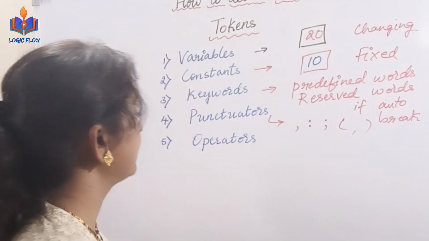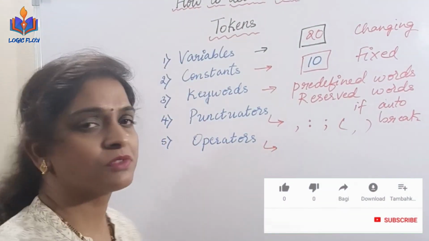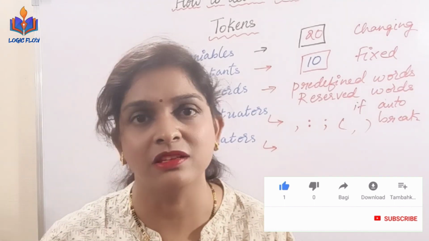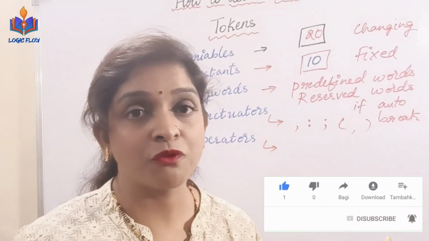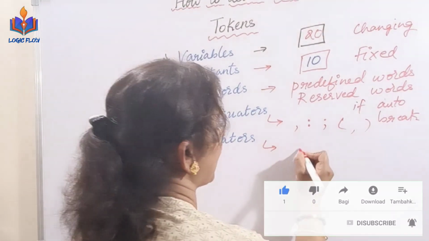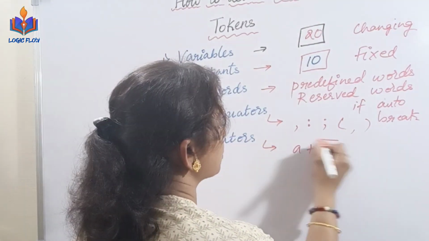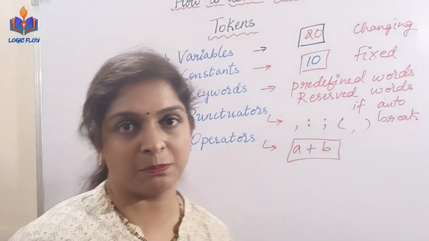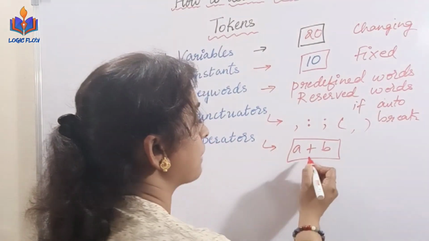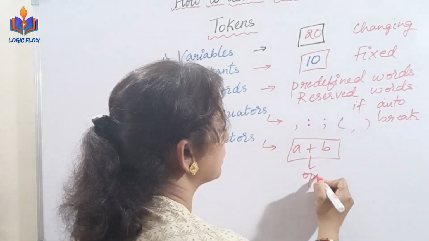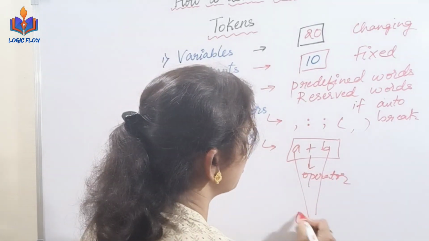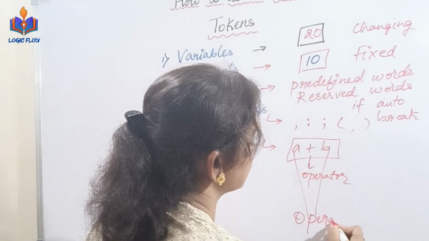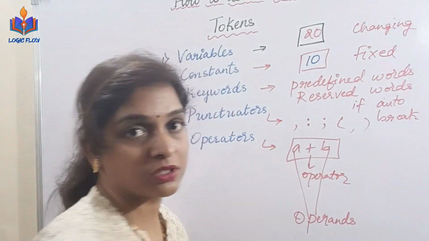Then finally, we have operators. What are operators? They're nothing but symbols that we use in an expression. So I just say A plus B. I can call this a simple expression because we have an operator, which is plus, and two operands, meaning inputs.